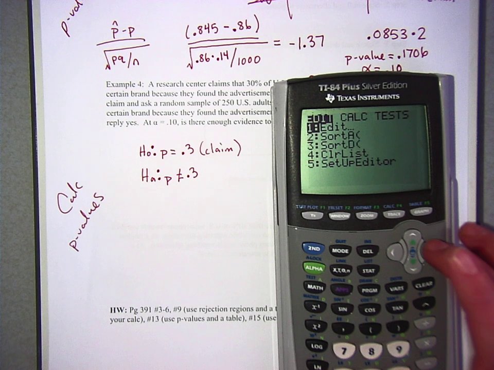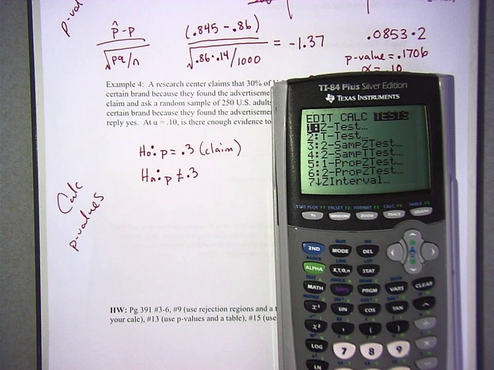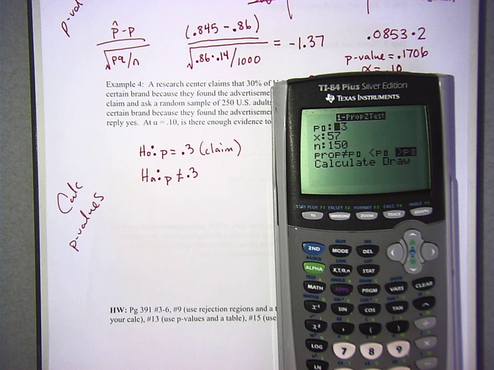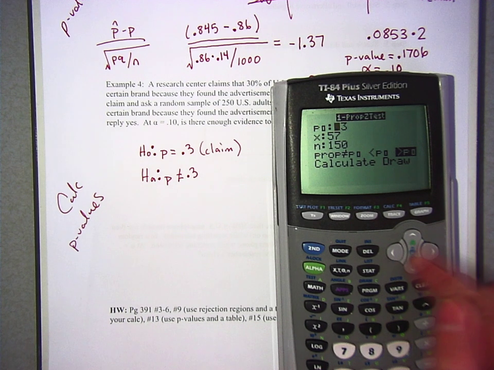So everybody go to stat, go to tests. Go to number 5, 1 proportion z-tests. All right, 30%.